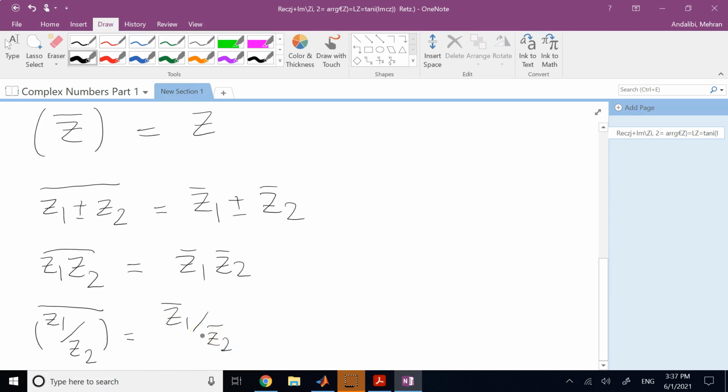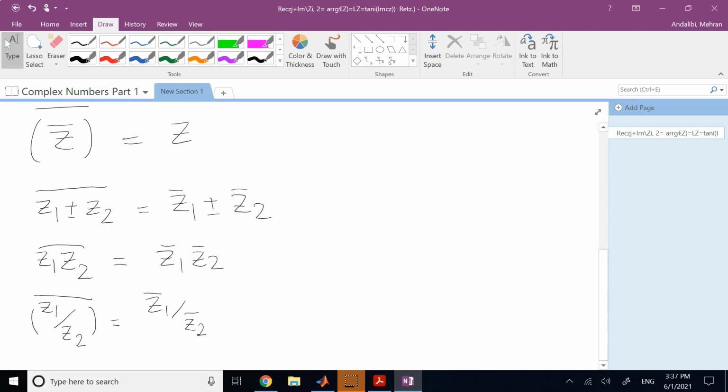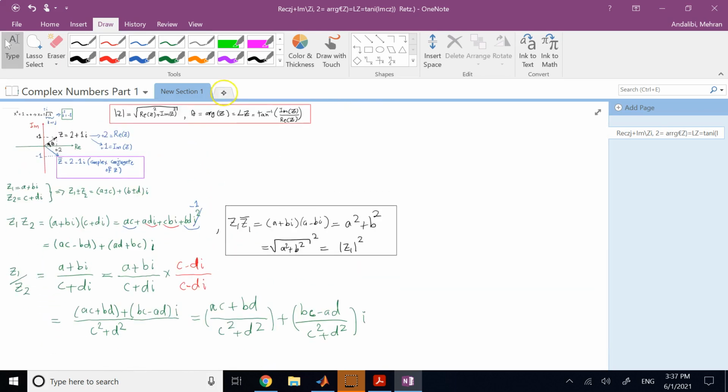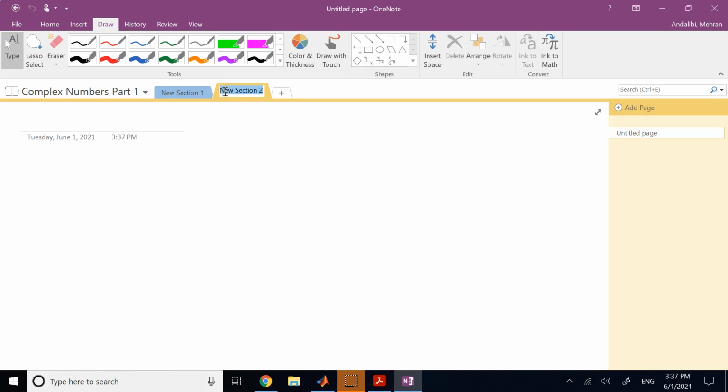Okay, so these are some important properties of the conjugate. Just wanted you to know about them. Good. So basics. Now we talk about the important thing called the Euler formula.